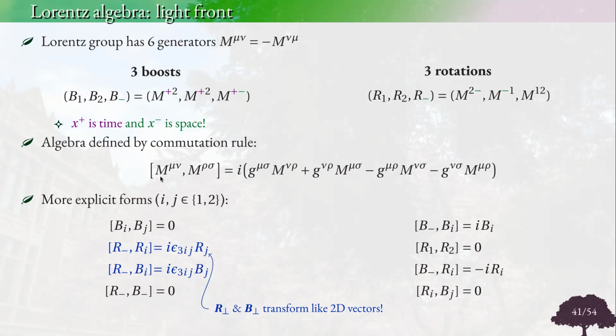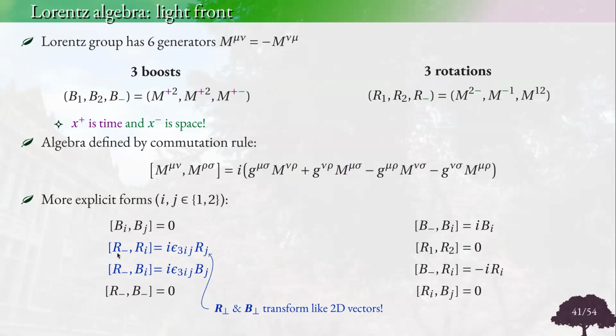The same covariant commutation rule follows. That's covariant after all. However, when we use plus and minus as our indices instead of 0 and 3, we get these commutation rules instead. Our transverse boosts, we can prove that they commute.